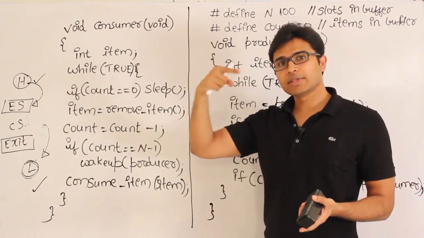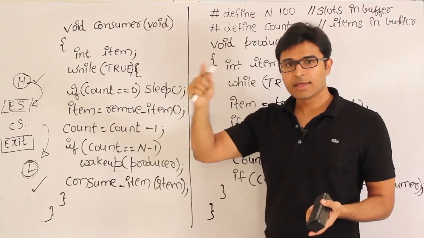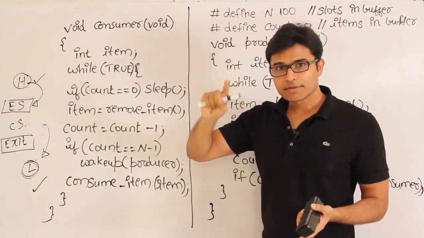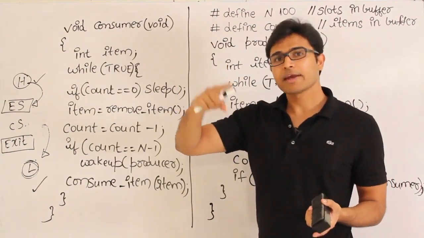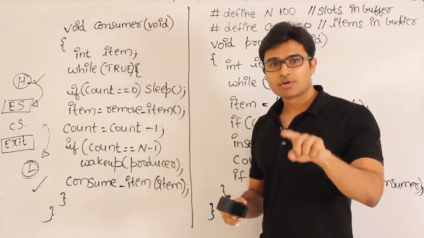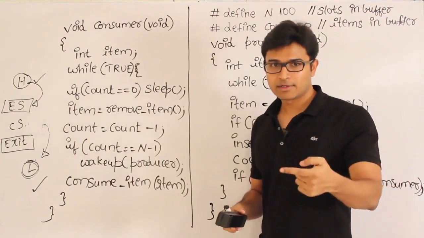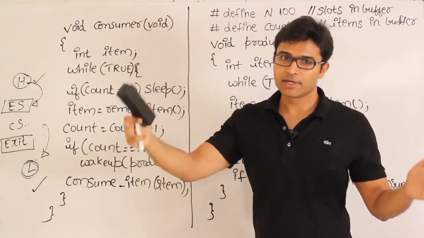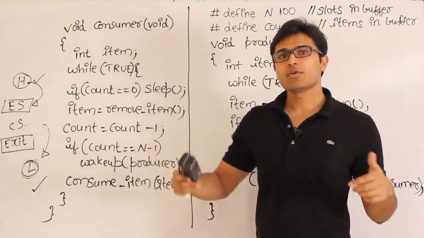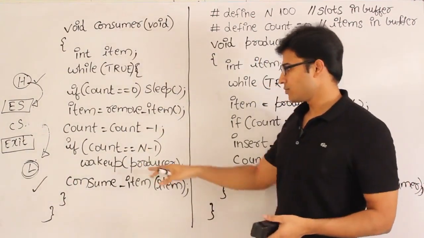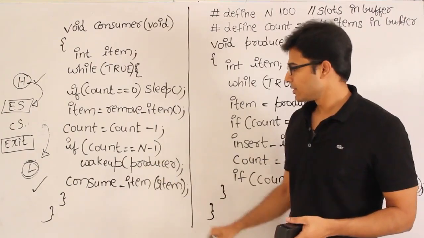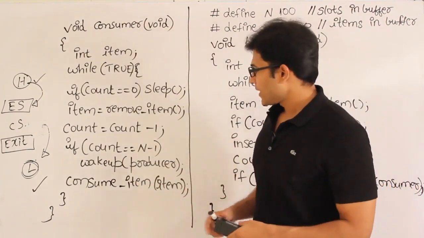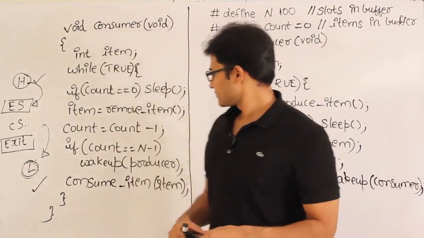If before consuming the item the capacity was n, then there might be a chance that the producer is sleeping. Why? The producer might have tried to write an item and failed because the buffer was completely filled. Therefore he might be sleeping. Therefore you are supposed to wake him up, isn't it? Okay, and after that it is simply consuming the item.